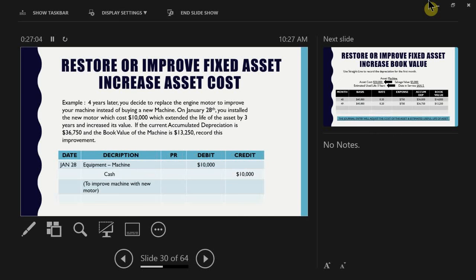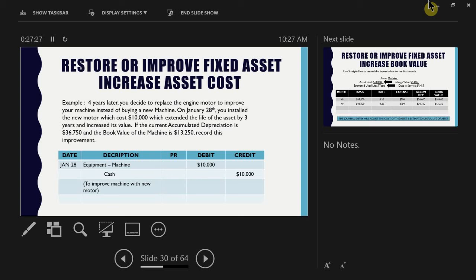So in this case, instead of doing my book value, I'm going to increase my asset cost. Okay? I'm going to increase it by debiting my machine and by paying for it with cash for $10,000.